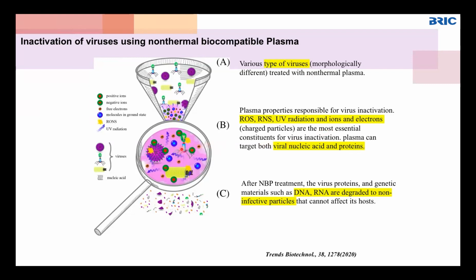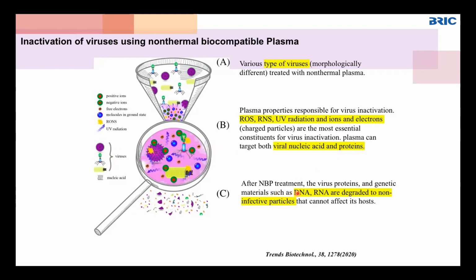Basically, plasma can target viral nucleic acid and the proteins of these viruses. So it can have an effect by targeting nucleic acid or damaging DNA, RNA, whatever virus that is, or proteins like surface proteins or membrane proteins and other proteins. So the mechanism is very simple.